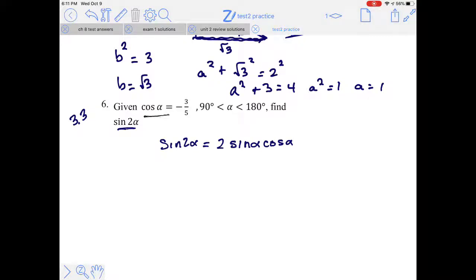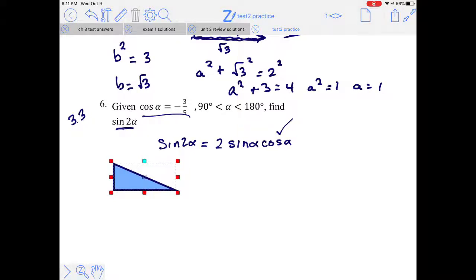We know cosine alpha is negative 3/5, so I know cosine alpha. What about sine alpha? Yeah, we don't know it, so we're going to have to figure out a triangle like we did on the last problem. An alpha triangle. So if I make a right triangle and put alpha in one of its angles, and alpha would work anywhere in there except for the right angle, obviously.